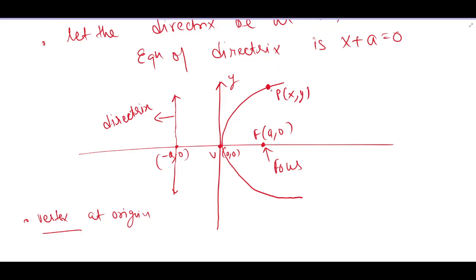and join PF. Next, drop a perpendicular from point P on the directrix. So this is a perpendicular from point P to the directrix.